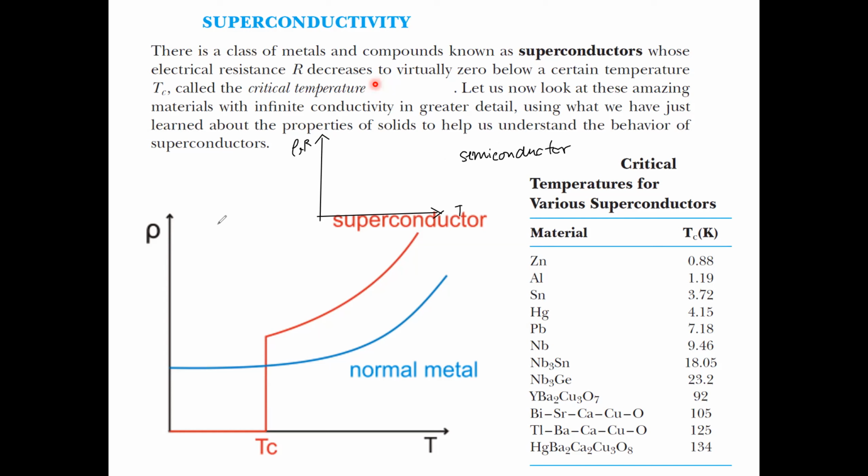The way they explain it is using the energy diagram. They have the valence band, and above here, they have the conduction band.